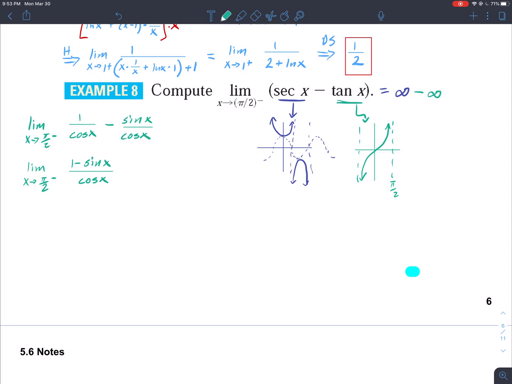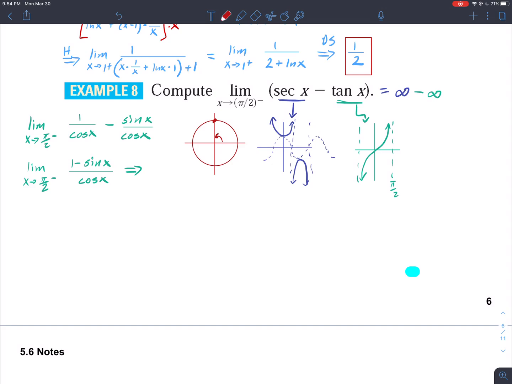And now, as x approaches pi over 2, it doesn't matter that it's one-sided. If I do direct substitution here, sine of pi over 2, all right, let's look at a unit circle if you have maybe forgotten. Pi over 2 is the angle up here.